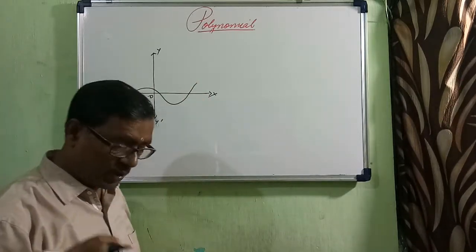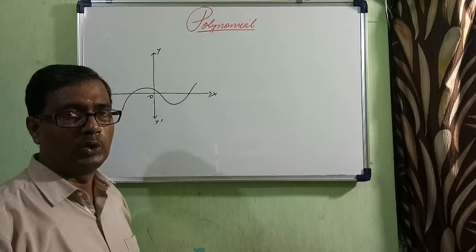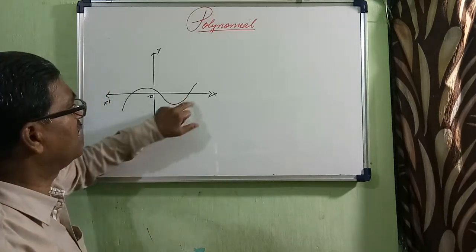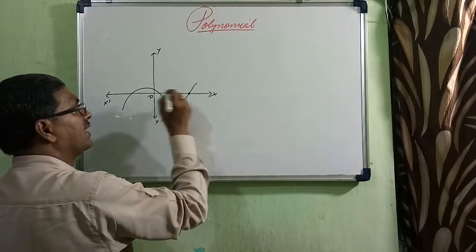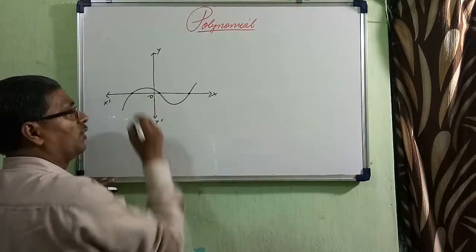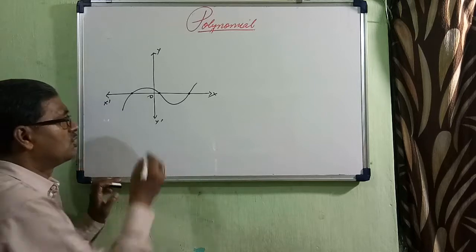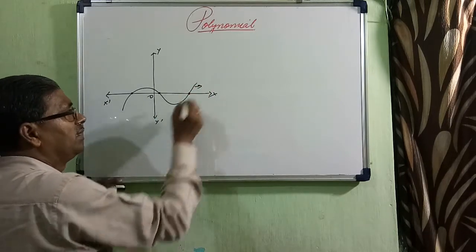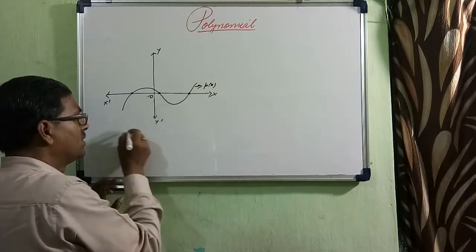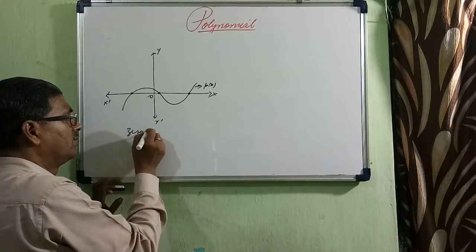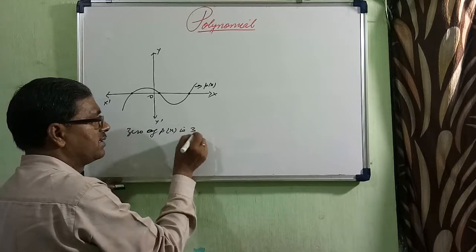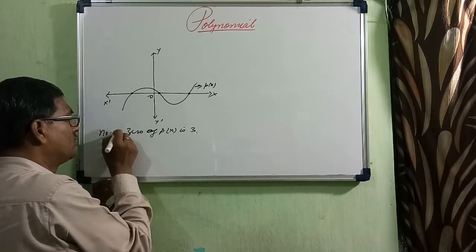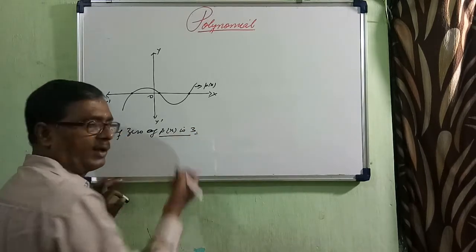You don't bother about what that polynomial is, you just see the curve. This curve is intersecting the x-axis at how many points? 3 points. So the number of zeros of p(x) is 3.